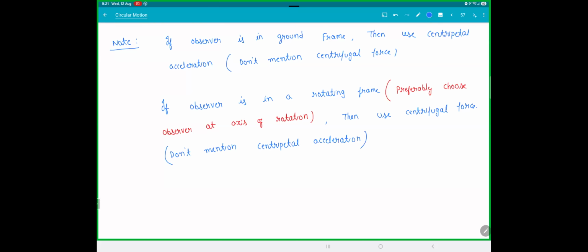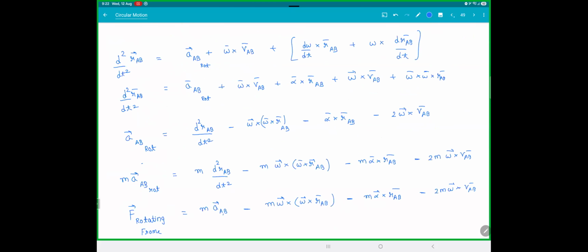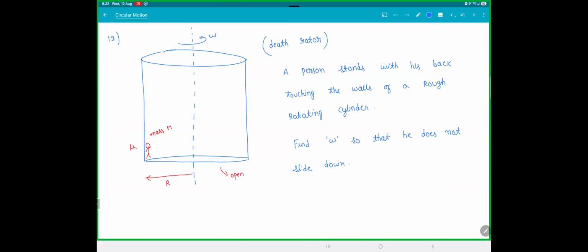Clear with this? Let's see some questions on this. So all these problems I did before, you can do with centrifugal force now.